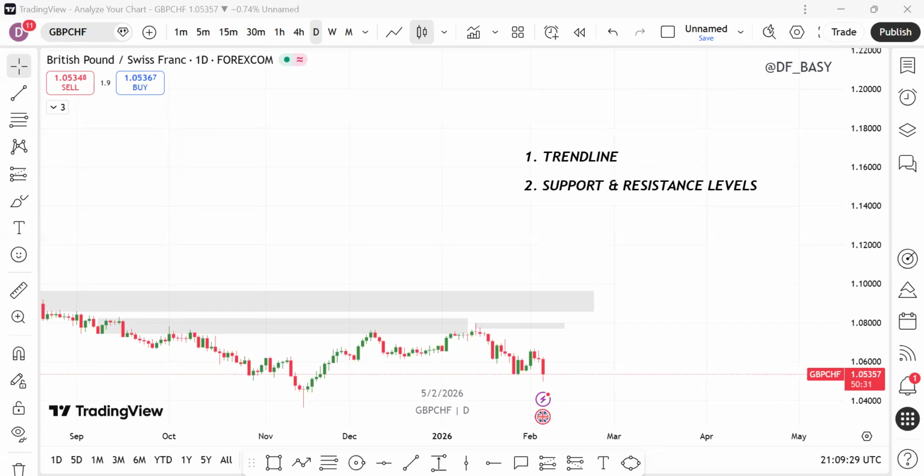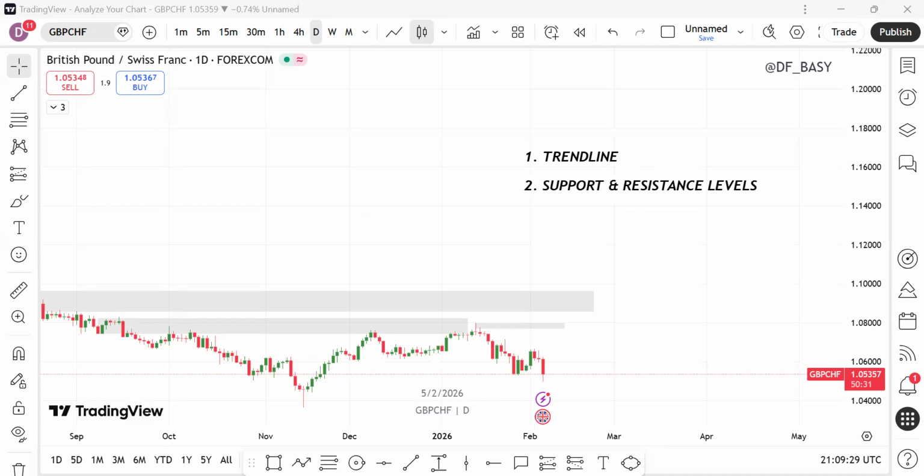Then in trend lines, we have an uptrend and we have a downtrend. So in an uptrend, the trend line is drawn by connecting two or more highs or lows. It shows that buyers are in control, and price generally respects the support.